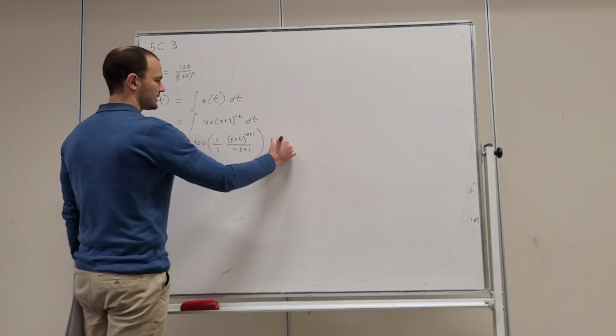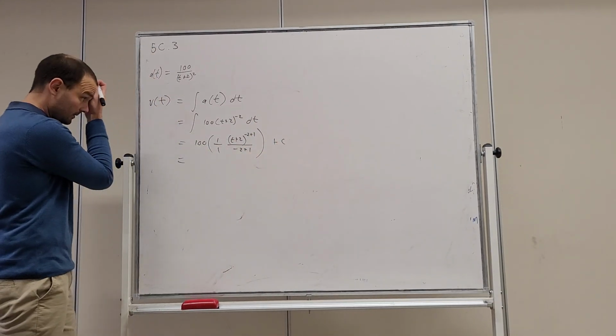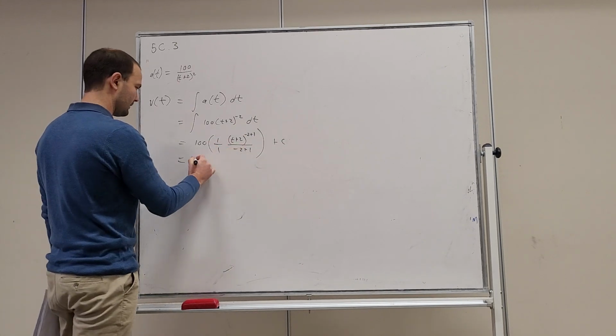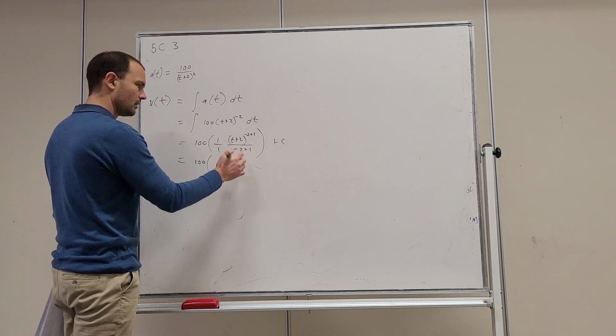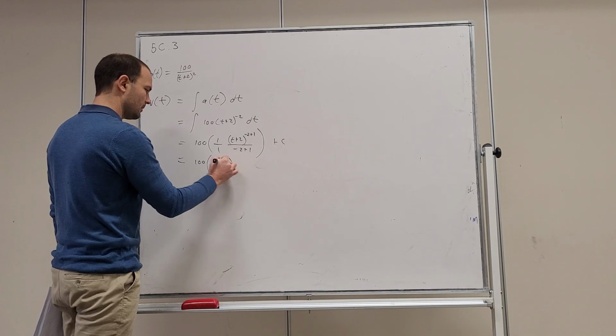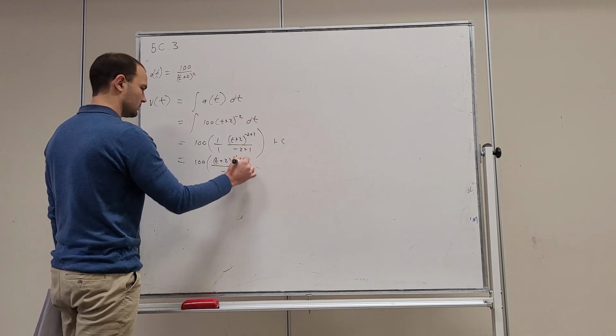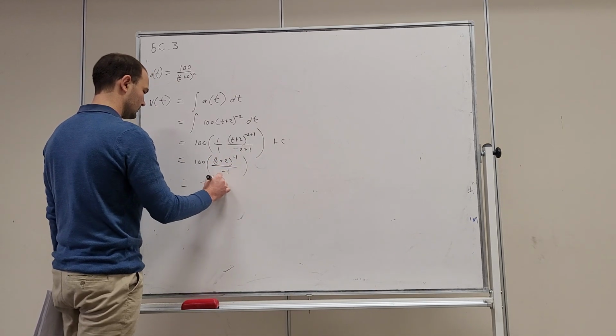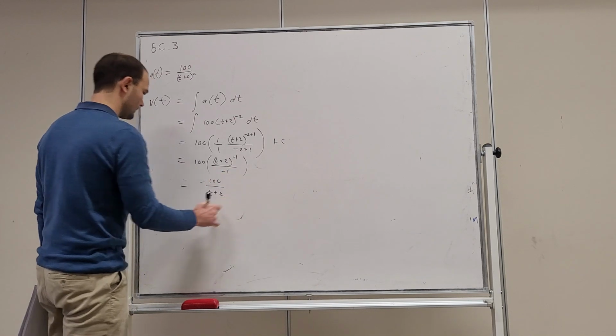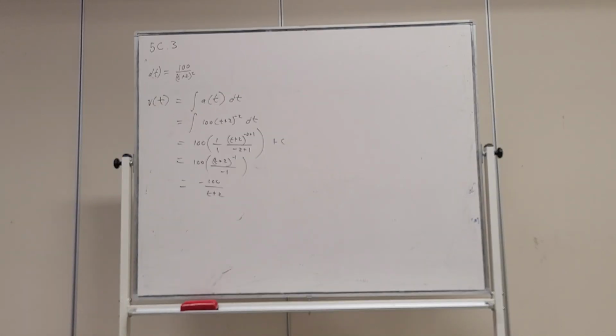Alright, and then plus c, so we'll just process this a bit. So what are we going to have? We're going to have 100 times (t plus 2) to the minus 1 on top of minus 1, which is minus 100 on top of t plus 2, plus c.